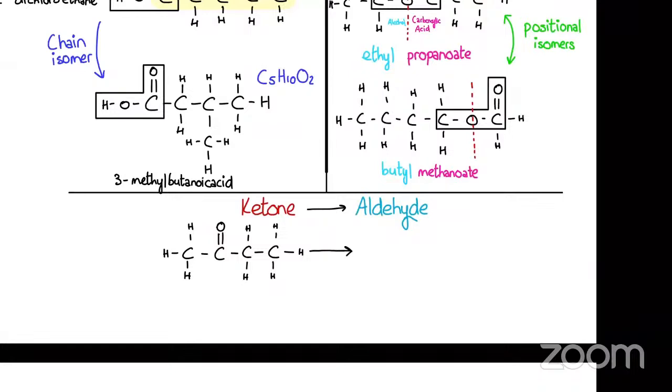What would the IUPAC name of this ketone be? Remember, prop is for 3. Here we have 4 carbons. So this is butanone.